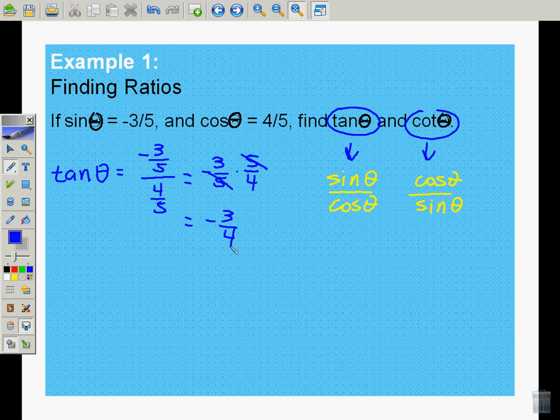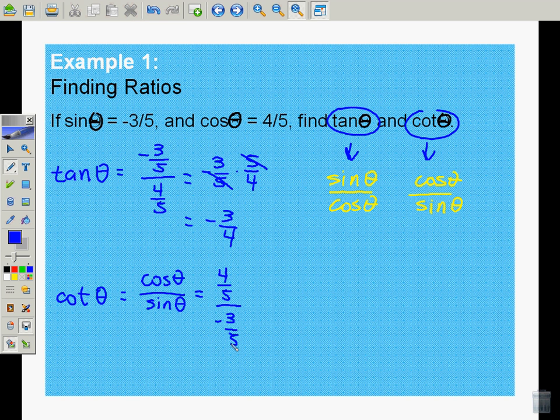Okay, and so when I'm going to do cotangent, if you want to do it on your own, go ahead and pause. But if not, I'm going to keep going. We're going to go cosine theta over sine theta is equal to 4 over 5 over negative 3 over 5. Okay?